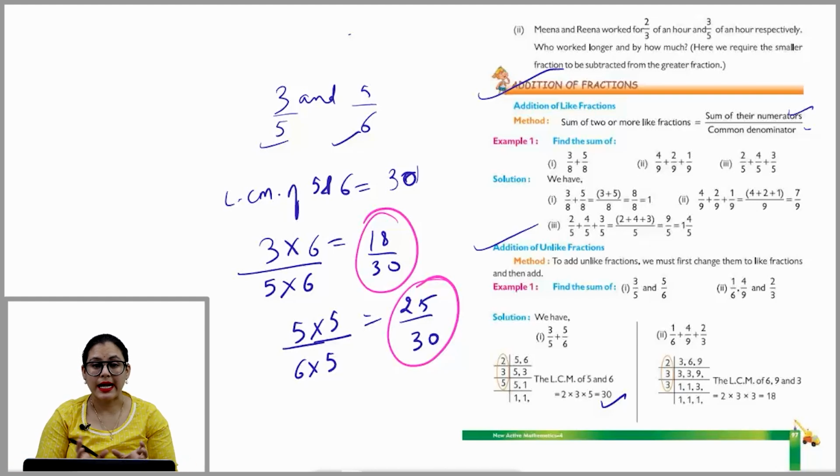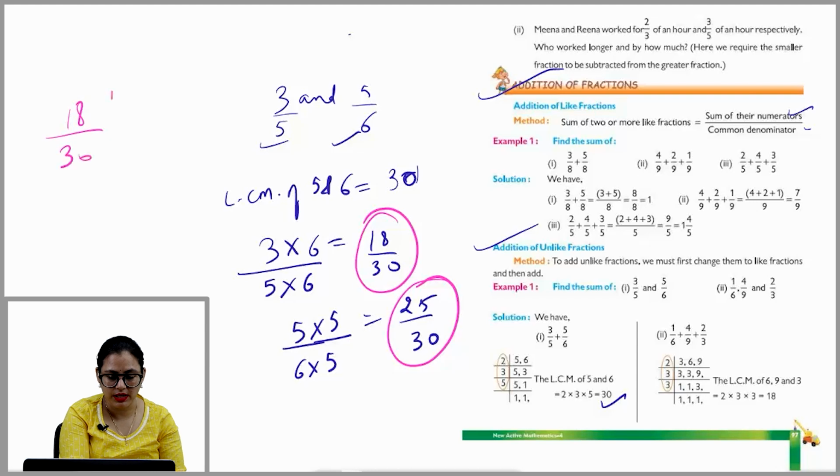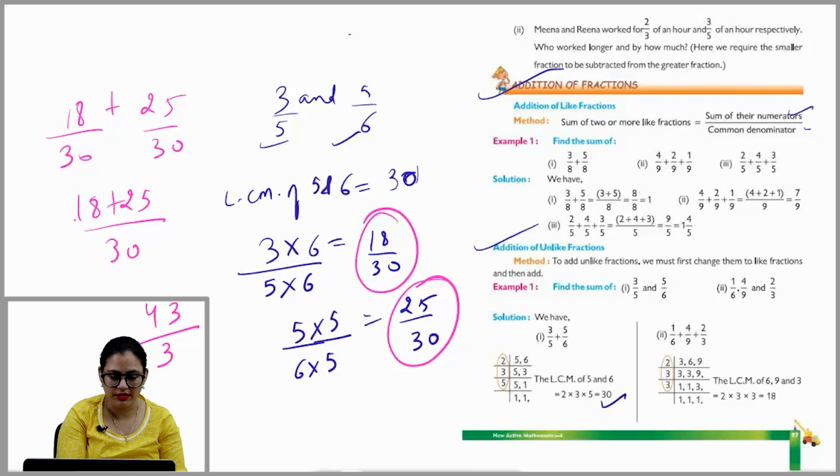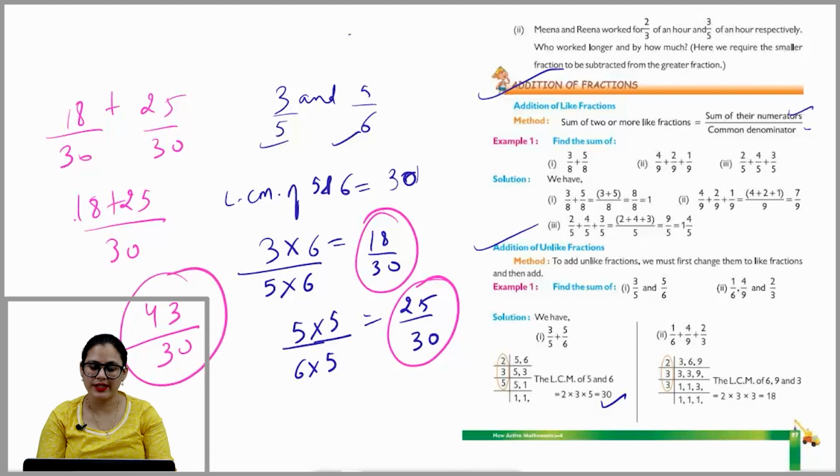Now we can add them up easily. See, 18 by 30 plus 25 by 30. So 18 plus 25 by 30. Now add them. 8 plus 5, 13. 1 carry, 2 plus 1, 3 plus 1, 4. 43 by 30 is the answer, right?